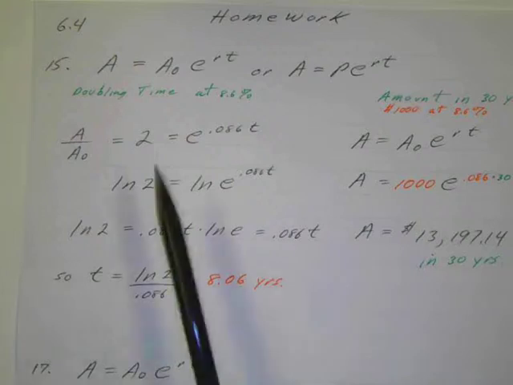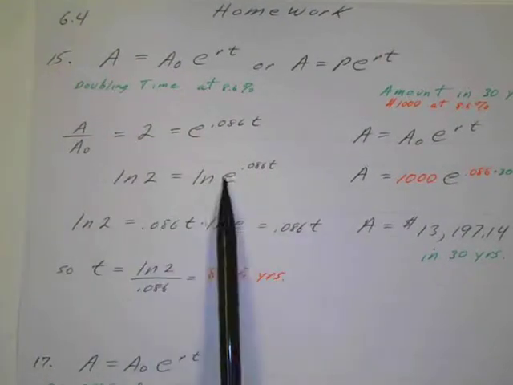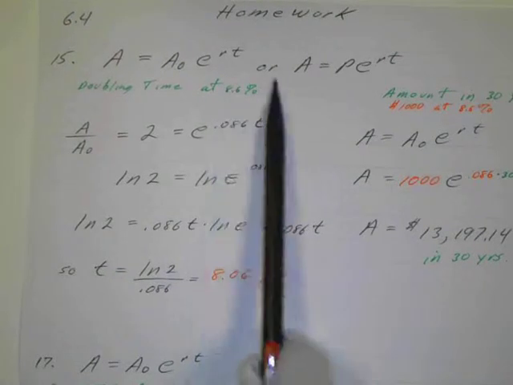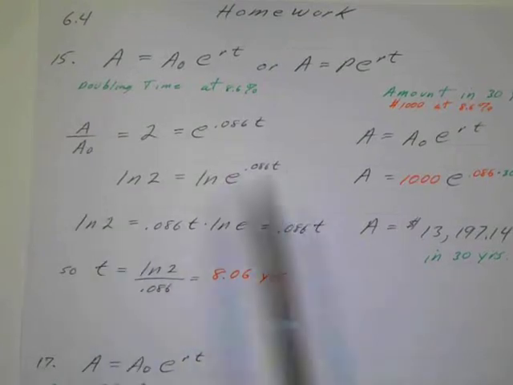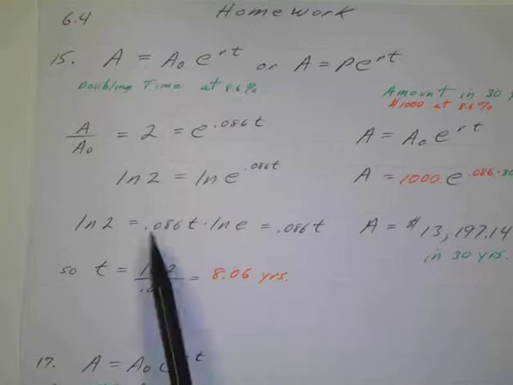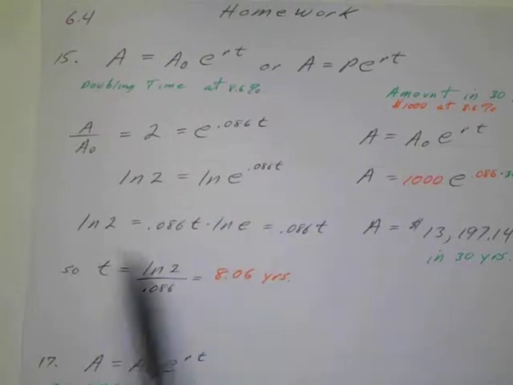Okay, just simplify it. And then I just take the natural log of both sides. So the natural log of 2 equals the natural log of e times 0.086. That's my 8.6% in decimal form. 0.086t. And then I'll use my property of logarithms to bring this in front. So I have 0.086t times the natural log of e, but the natural log of e, again, is just 1.